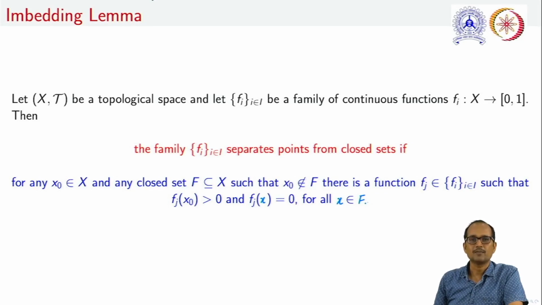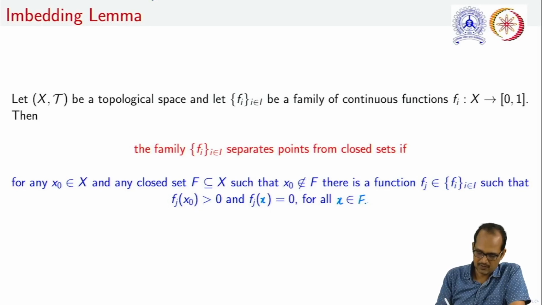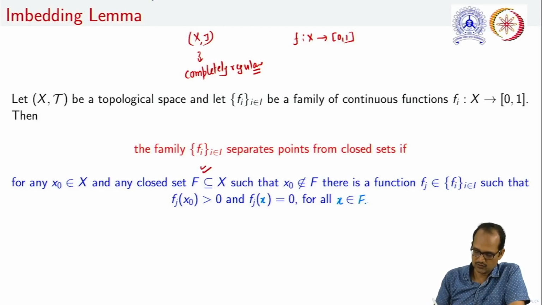If we recall what we are studying here, the concept of separation of points from closed sets, it resembles the concept of completely regular spaces, where we have already seen that if a space (X, tau) is completely regular, then we have a continuous function f from X to the closed interval [0,1] such that for a closed set F, f(x) equals 0 for all x in F, and if x naught is an element not in F, then f(x naught) is equal to 1.